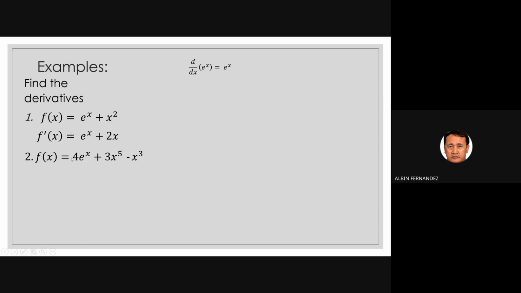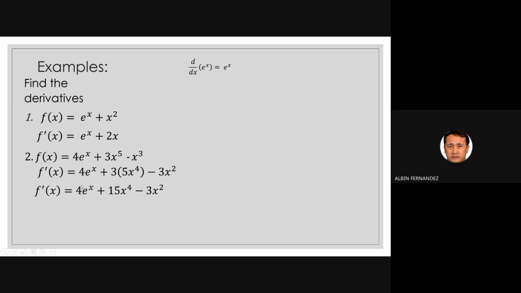Next, we have f of x equals 4e to the x plus 3x to the fifth minus x cubed. So again, this one illustrates the sum and difference rule, where you will have to find the derivative of each term. So you'll have 4e to the x for the first term. Then you'll have 3, which is the constant multiple, multiplied with the derivative of x to the fifth, which is 5x to the fourth, minus the derivative of x cubed, which is 3x squared.